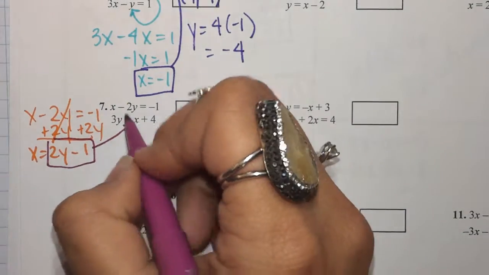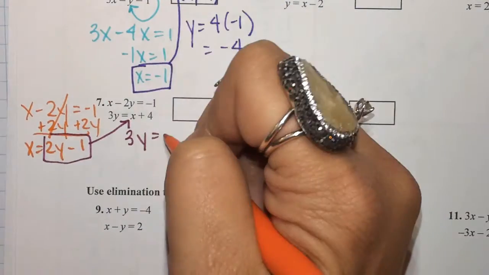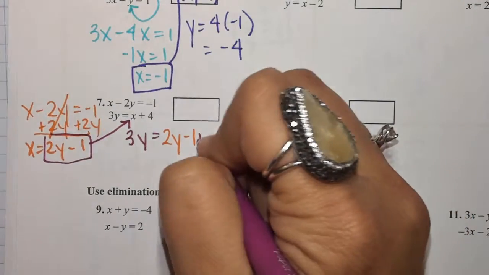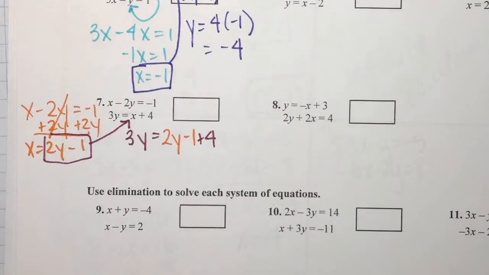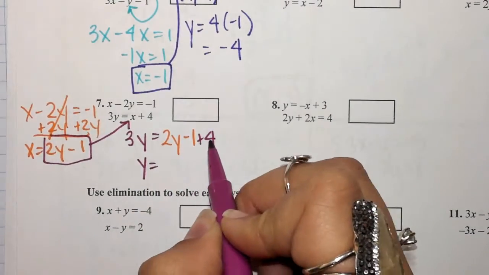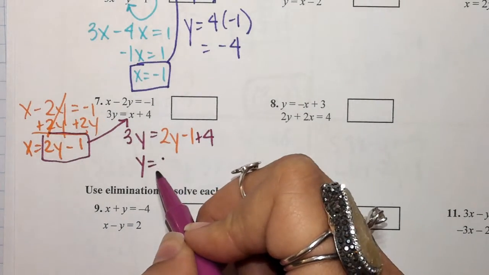And so we would write it as 3y equals 2y minus 1 plus 4, correct? Now, could we subtract 2y from both sides? Yes. What's 3y minus 2y? y. What's -1 plus 4?